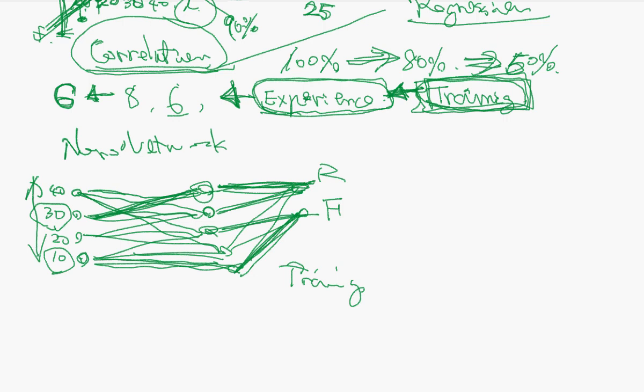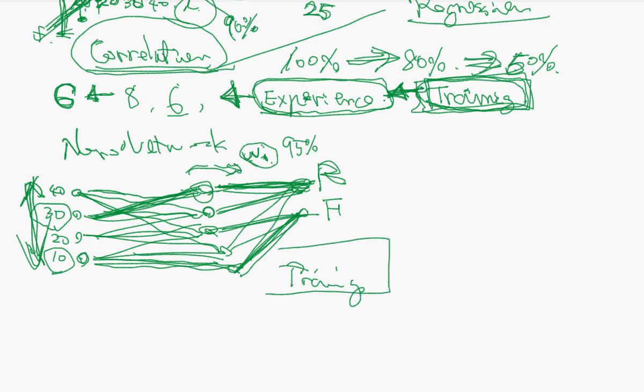Stronger means when an electric signal passes the neuron, how much passes, there is a weight function. It passes only 5%. That means this link is not as strong. It passes 95%. That means when this comes, this link is very strong. So definitely it's going to be rain. So after repeating this recording many times, it's a training process.